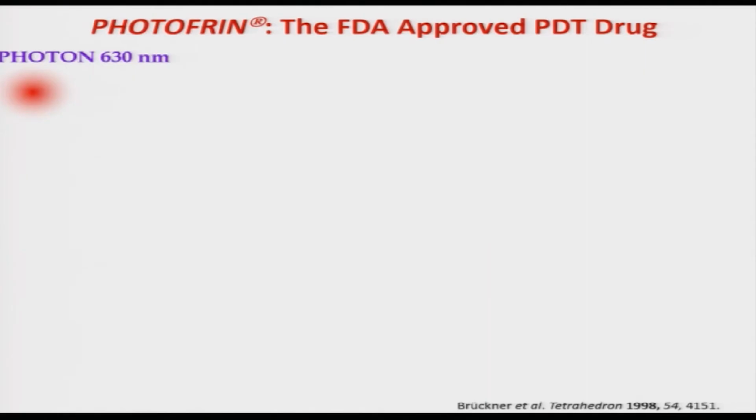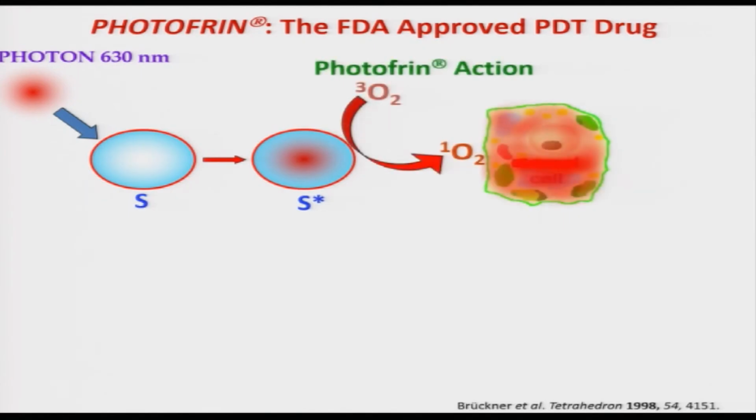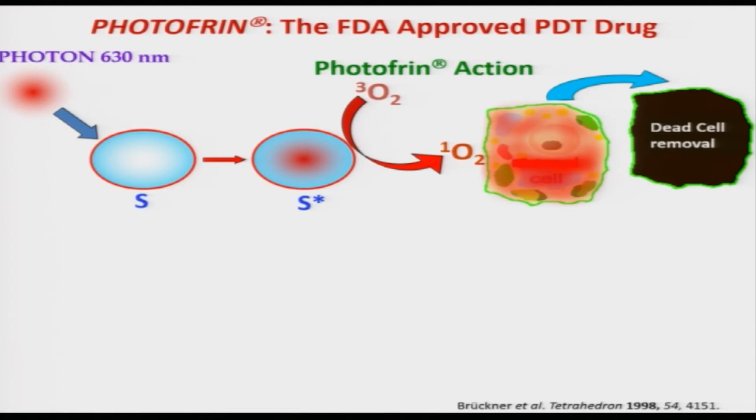Now, the photon excites this photosensitizer and converts it into the excited state. The excited state of photofrin converts triplet oxygen to singlet oxygen, and as you all know, singlet oxygen is highly reactive and immediately destroys the cancer cell into a dead cell.